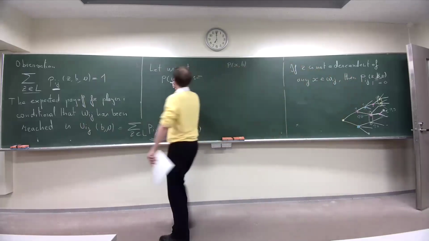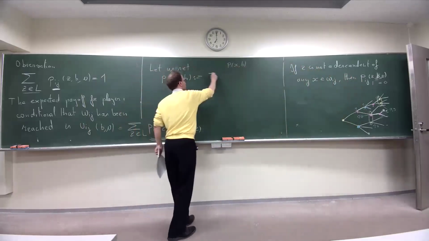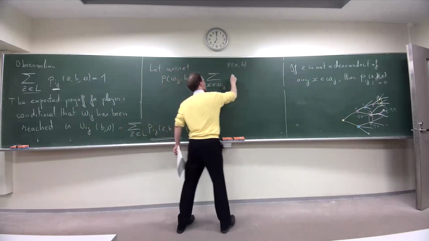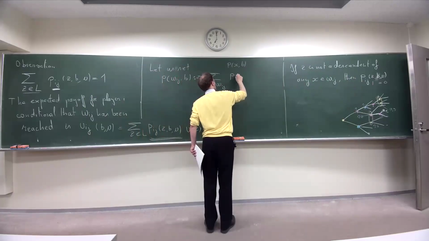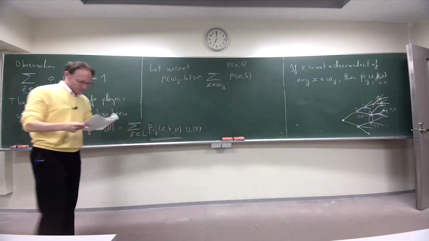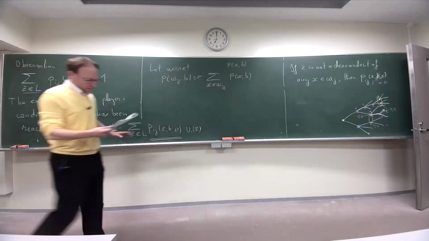Now, if I put omega ij, it means I'm going to sum over all x belonging to omega ij of P of x, B.